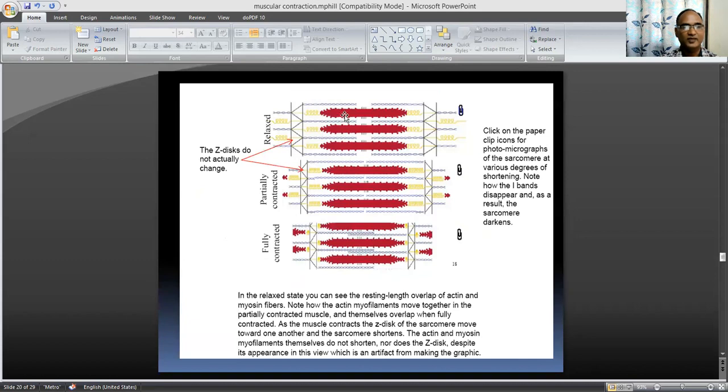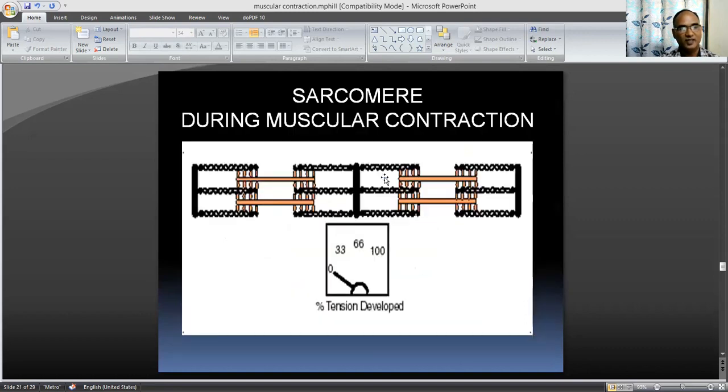The red color shows myosin and the yellow color shows actin. During muscular contraction, the myosin stays stable. The actin slides over the myosin, so that the myosin head touches the troponin and muscular contraction is possible.